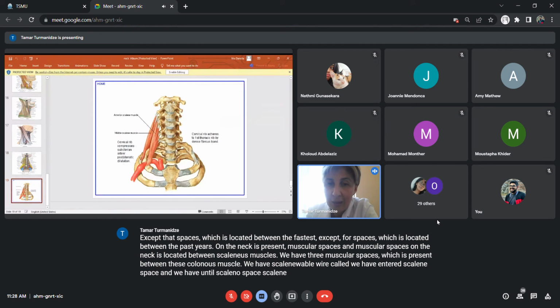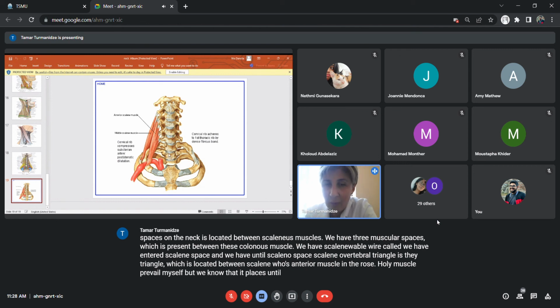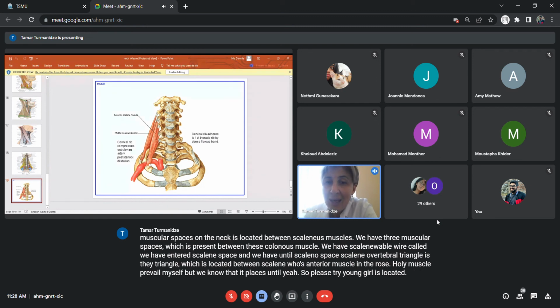The scalenovertebral triangle is the triangle located between the scalenus anterior muscle and the longus colli muscle, a prevertebral muscle. On this picture, longus colli is not shown, but we know that it passes anteriorly to the vertebra. So this triangle is located between scalenus anterior and longus colli muscle.